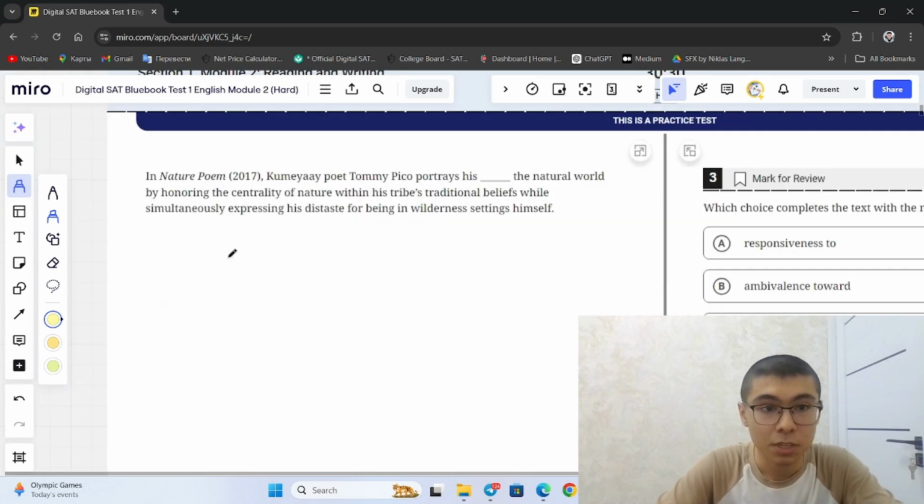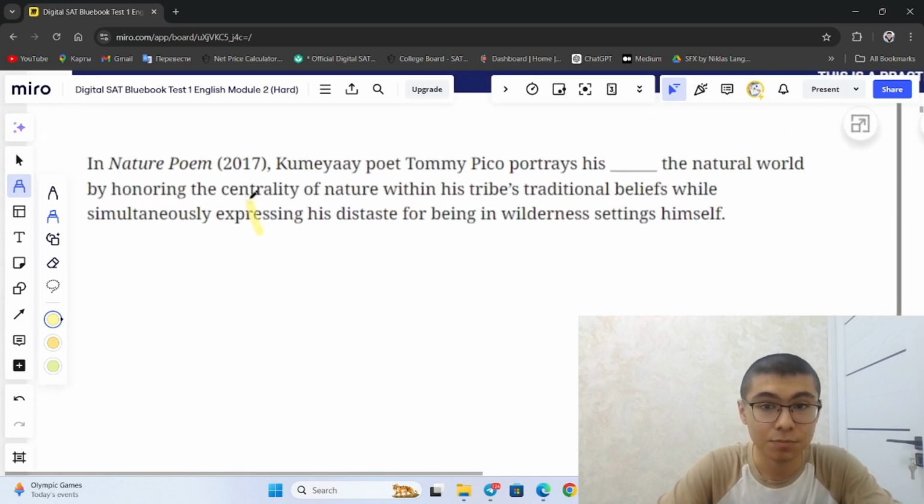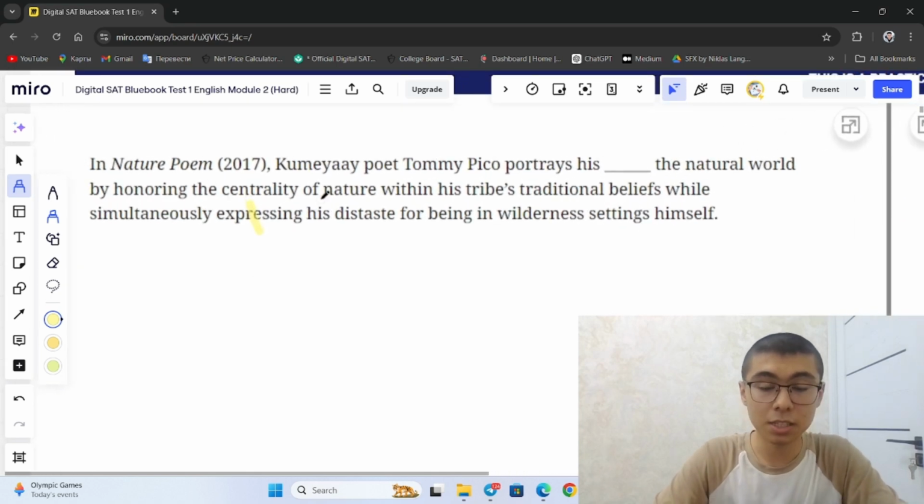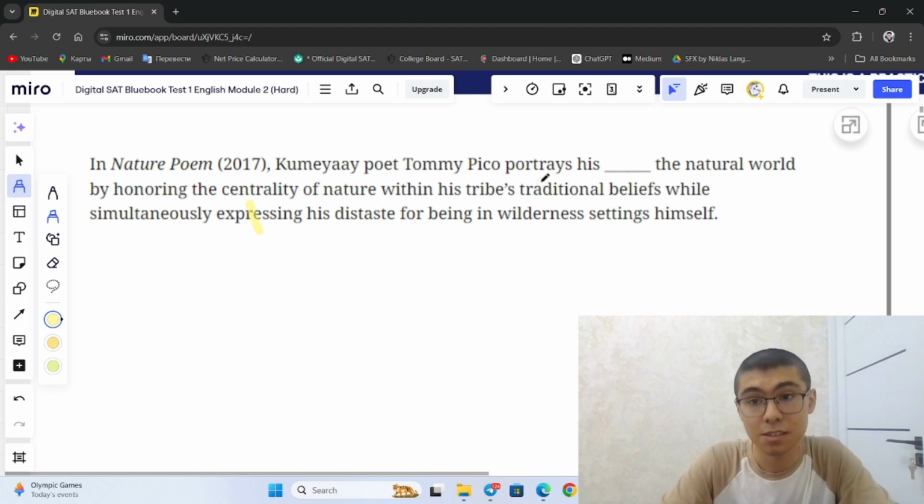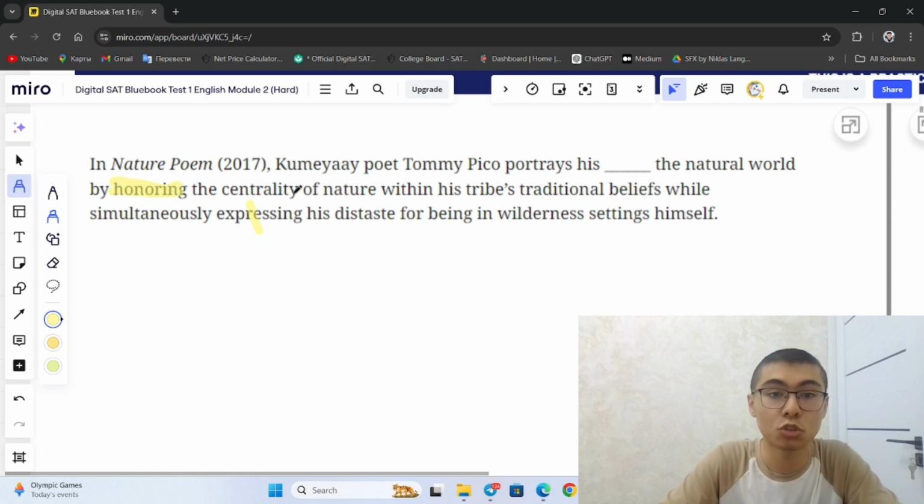Question number 3. Again, I'm gonna first look at the text. In a 2017 nature poem, the poet portrays his something, the natural world by honoring the centrality of nature within his tribe's traditional beliefs while simultaneously expressing his distaste for being in wilderness settings himself.